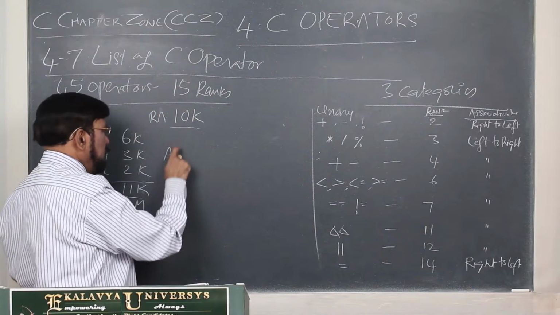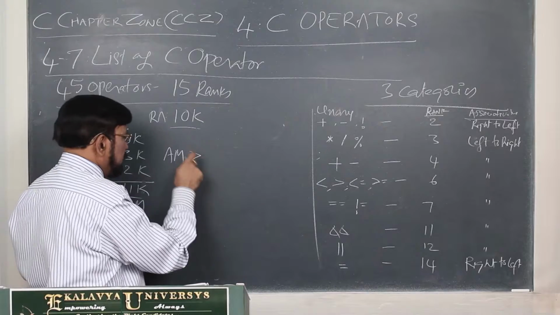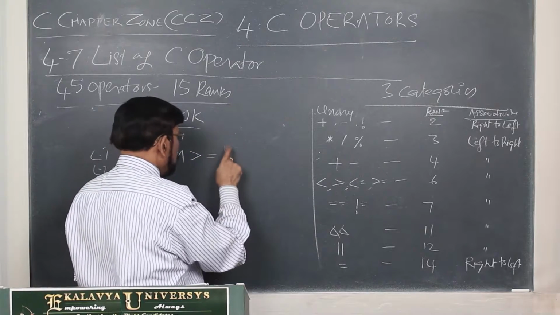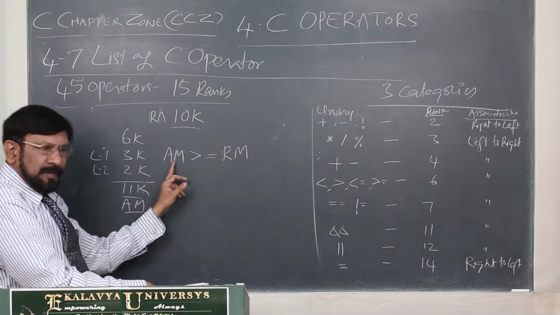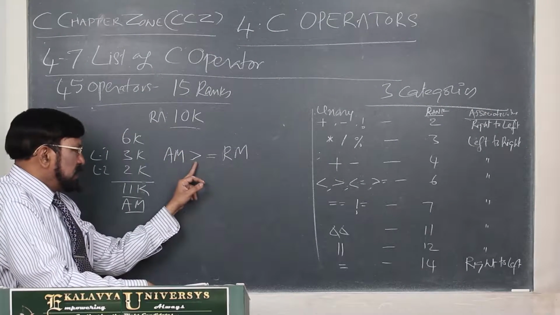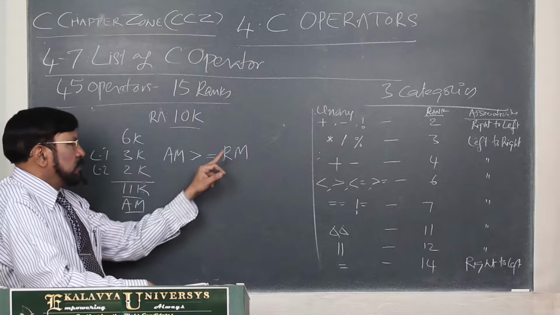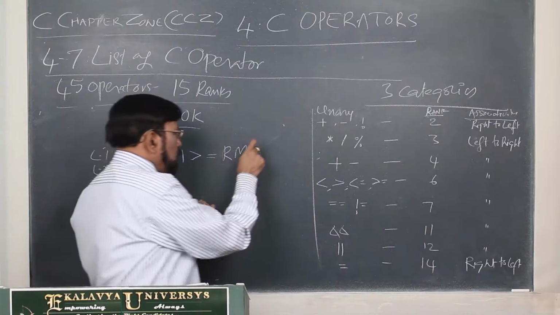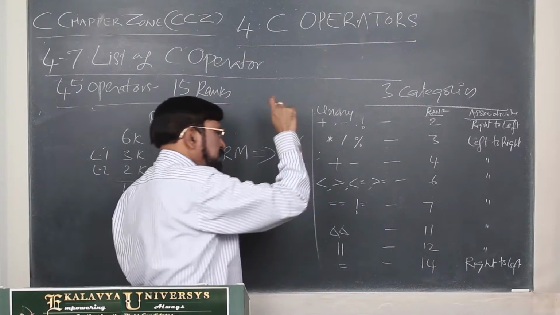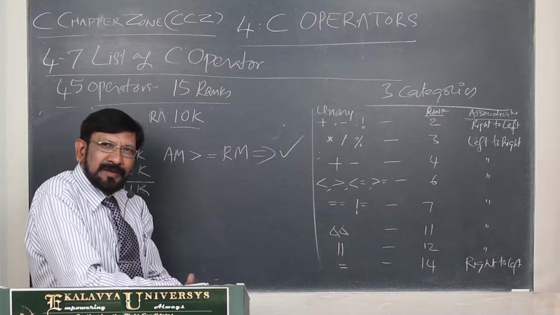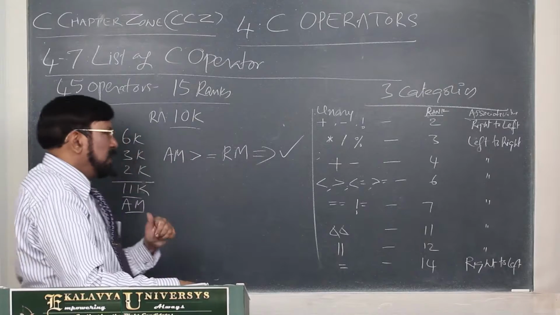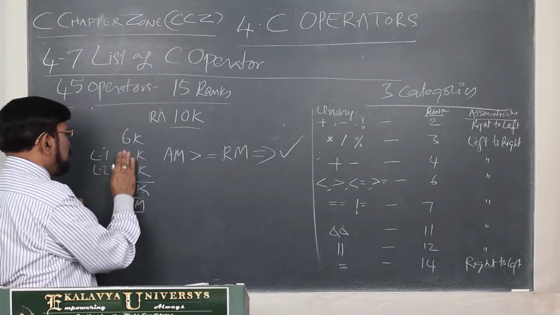So the available amount is greater than or equal to the required amount. What is the result? Yes, you will purchase. When will it be no? Suppose the case is like this.